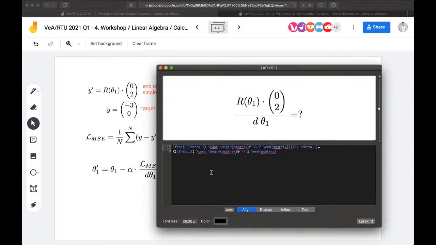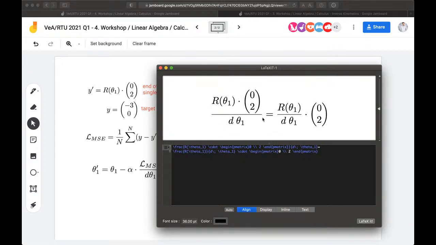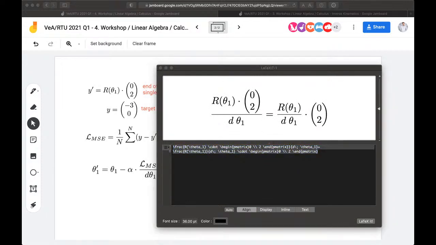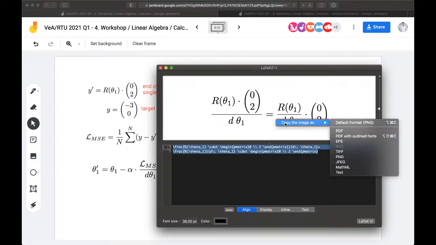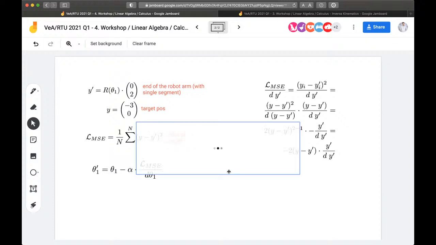But we need to calculate the derivative of the rotation matrix, so that will be the frac of this one with regard to d theta 1, like that. So yes, we need that part, the derivative of the rotation matrix. And let me show you how we're going to do it. Here we'll add this one.